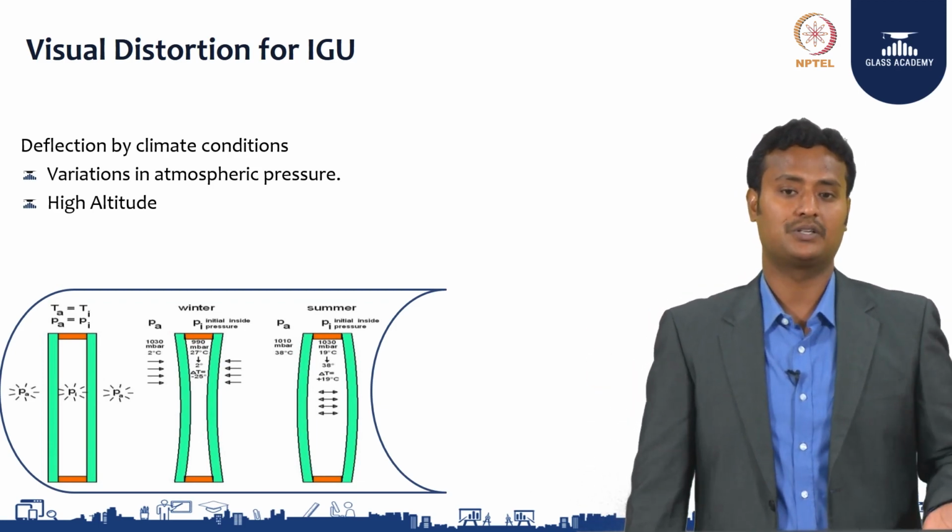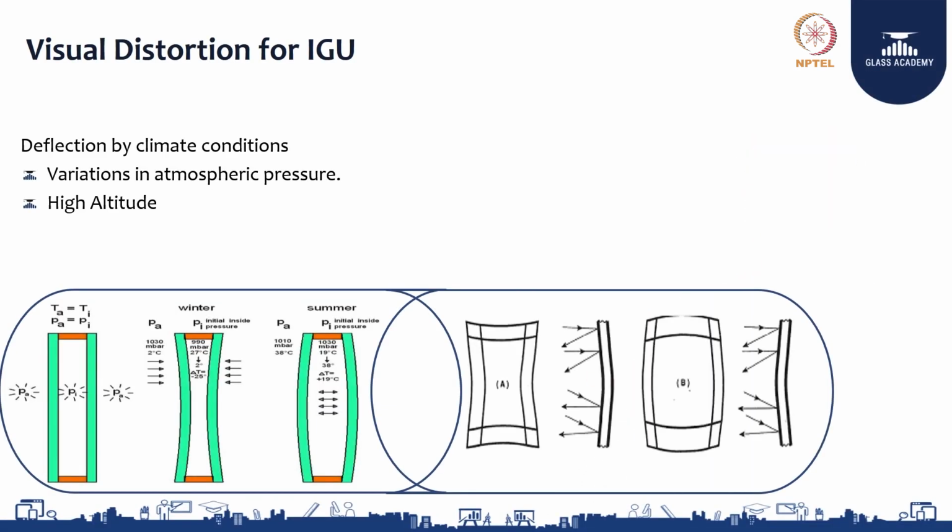You can see the next picture, the bend, whichever way, concave and convex. Whichever way the deflection goes, you will be able to see the distortion. So, we will have to carefully select for altitude pressure. Basically, the altitude we cannot select, but we can have a pressure equalizer at the time of glazing or dispatching itself.